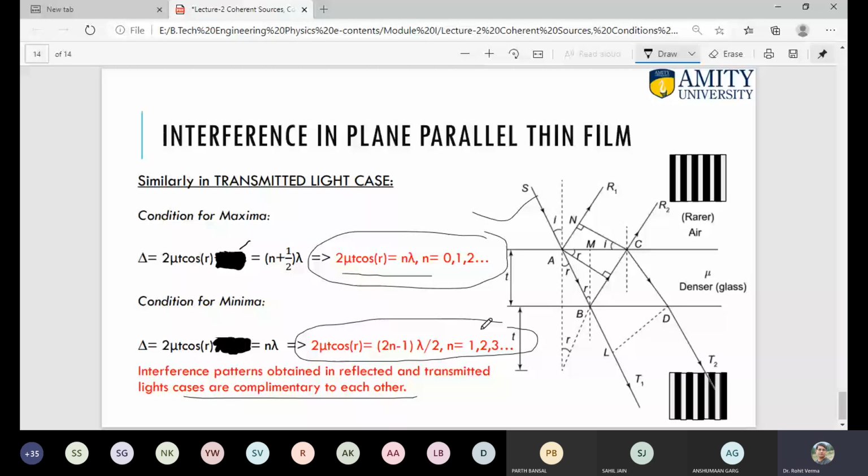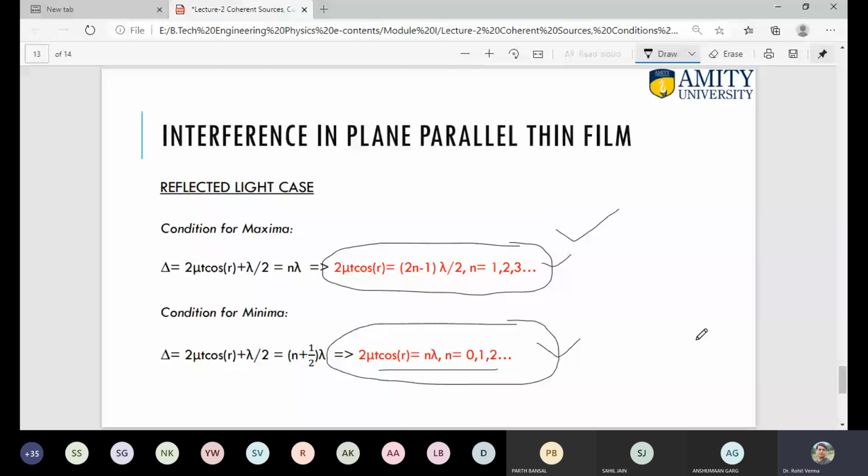And the condition for destructive interference in the transmitted light is the condition of constructive interference for the reflected light. So you can say from these four equations, from this equation and the two equations in this particular slide, that the conditions of constructive and destructive interferences in the reflected light case and transmitted light case are complementary to each other.